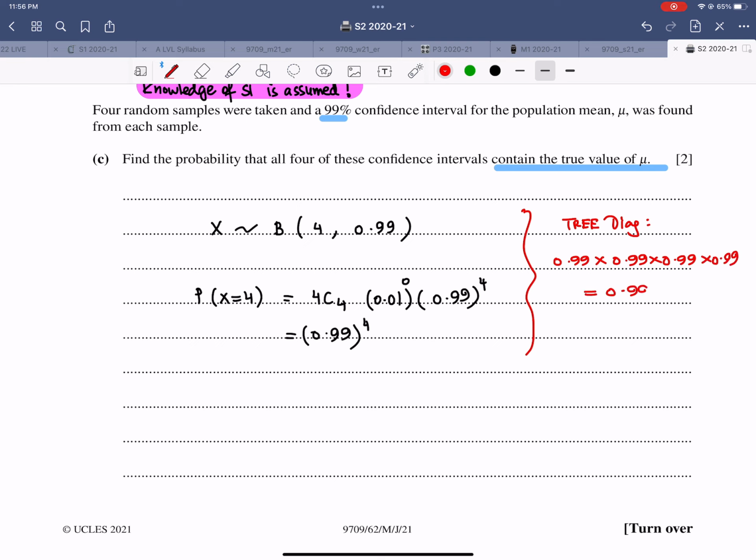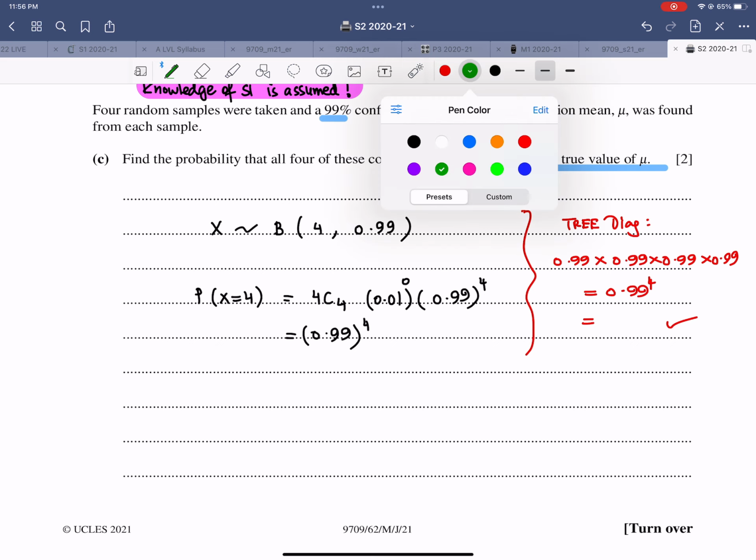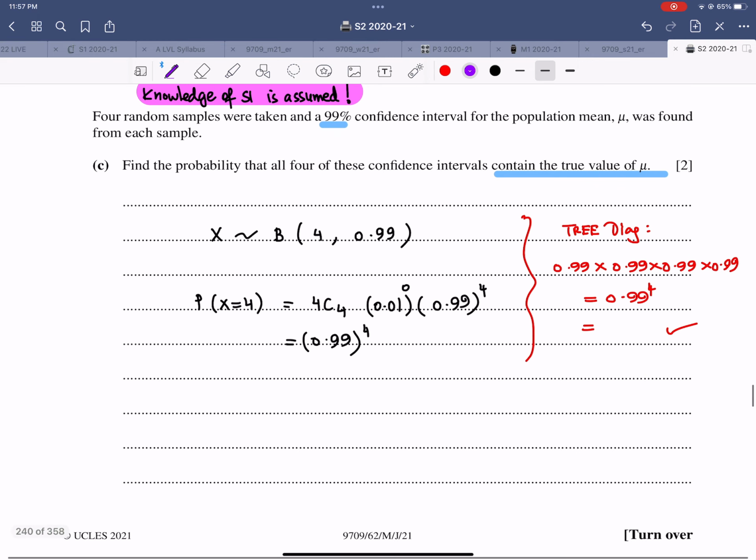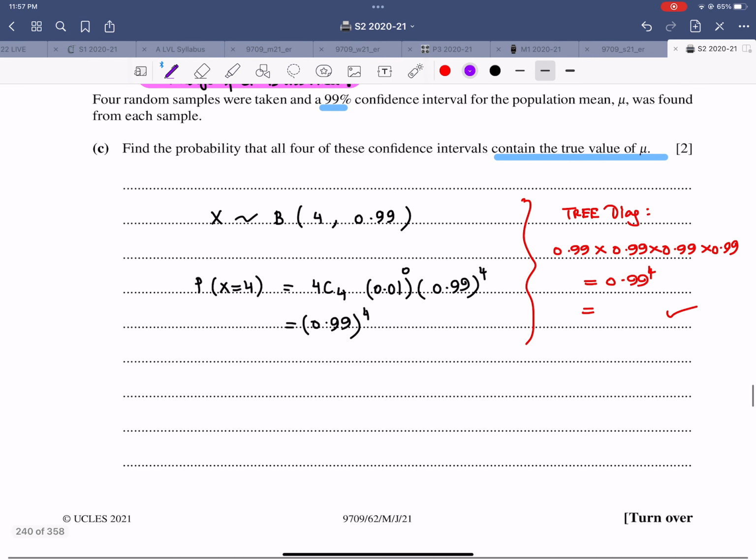But what if the scenario changes and they would say exactly 1? So I'm writing C star my question. Find the probability that exactly 1 of these 4 confidence interval contain the true value of mu. If this was asked, what happens?